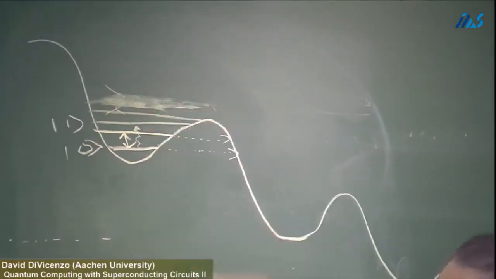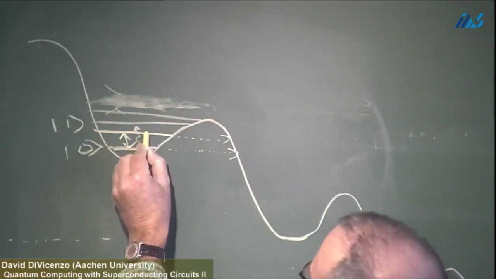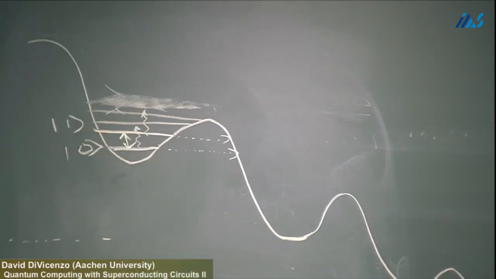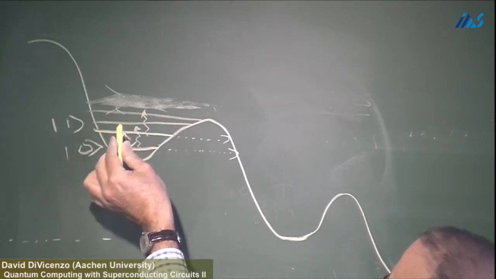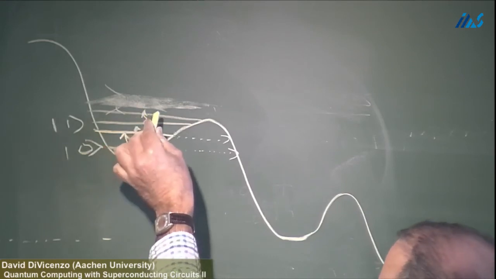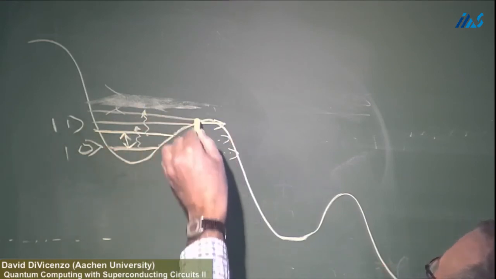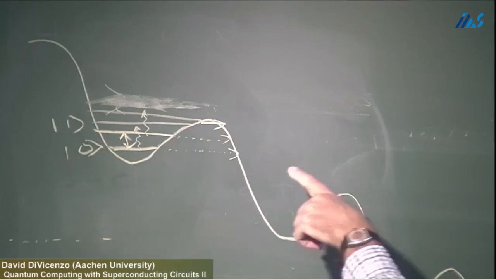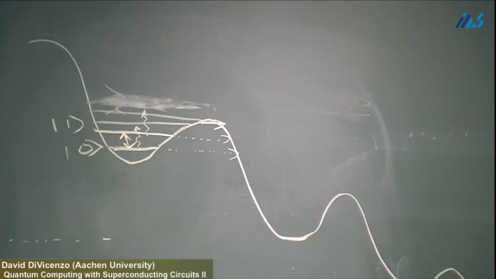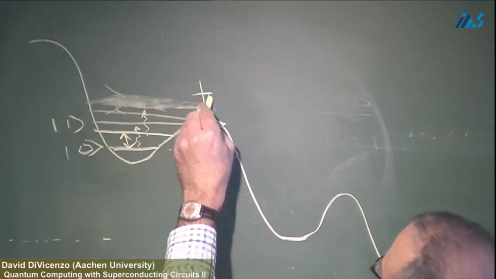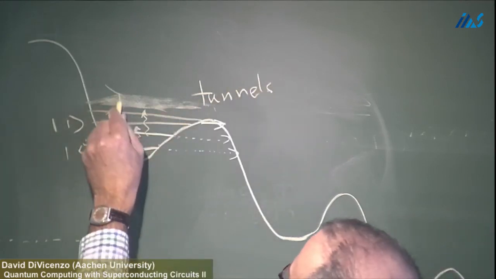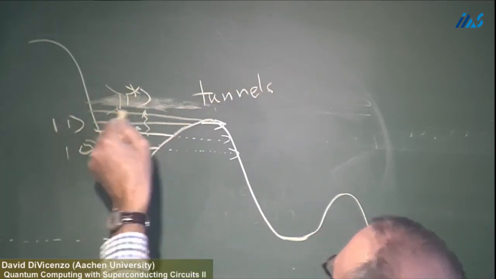But if you shine it on the 1, it goes up to one of these levels which has a pretty significant line width, meaning that the rate of tunneling through and going into this region is pretty significant. Actually, within a pretty short time, the 1 tunnels. The 1 after this excitation tunnels. So 1 goes to, you may say, 1 star, and then 1 star tunnels out.